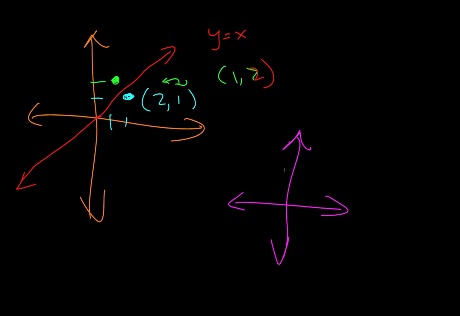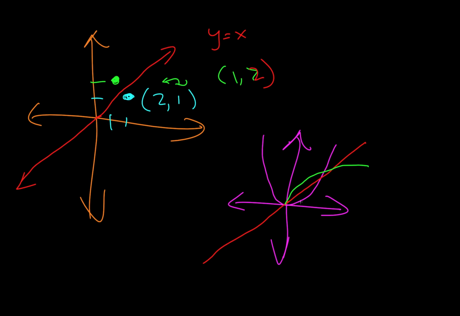So if we see that with a continuous function, let's do a parabola. And then if we have that line, y equals x, if we reflect everything across that, we're actually going to get a sideways parabola.